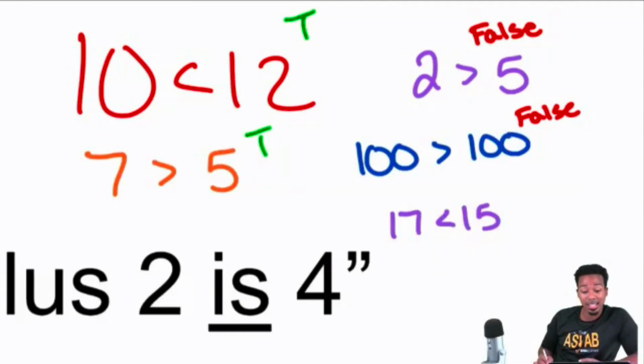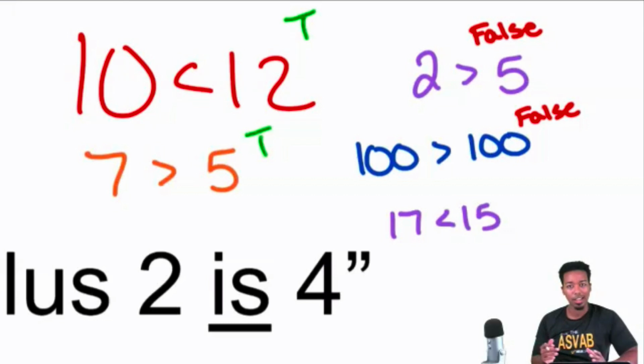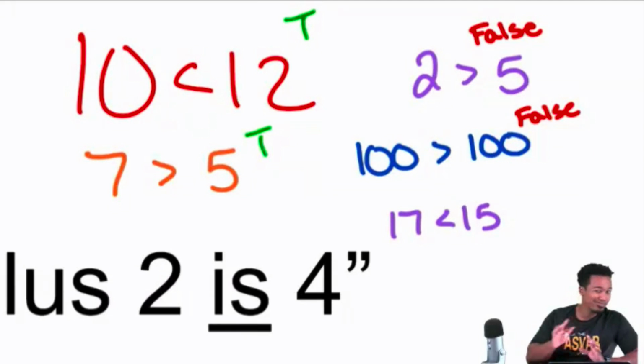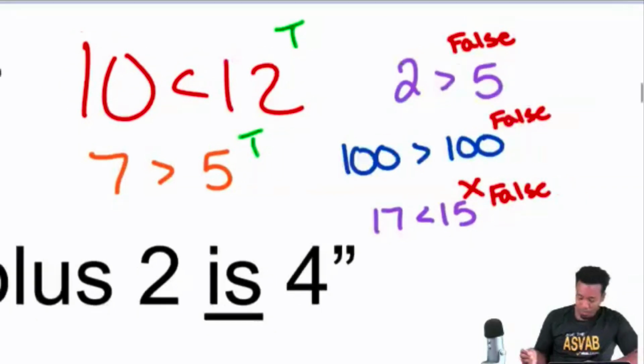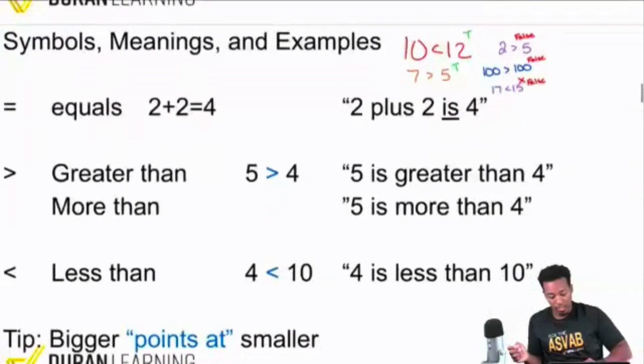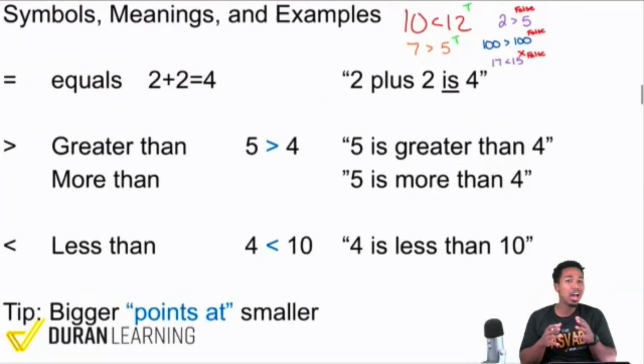Yeah, that's less than. So 17 less than 15. Is 17 less than 15? No, absolutely not. 17 is bigger, larger, or greater than 15. And so therefore, it's not going to work. False too. So that was just a short little exercise in understanding how this works.